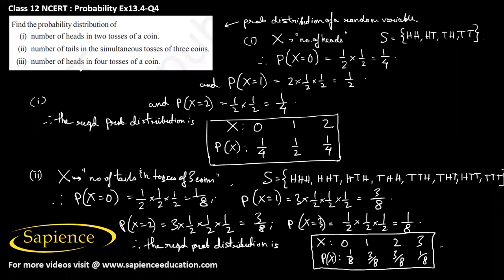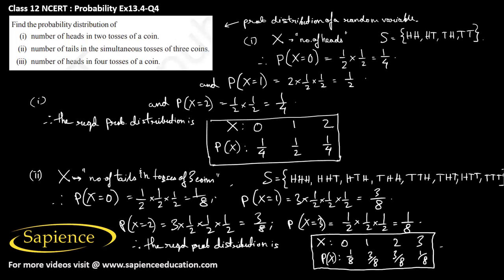And for the third case, it has been asked to find the probability distribution of the number of heads in 4 tosses of a coin. So here the random variable is defined as the number of heads in the 4 tosses of a coin.